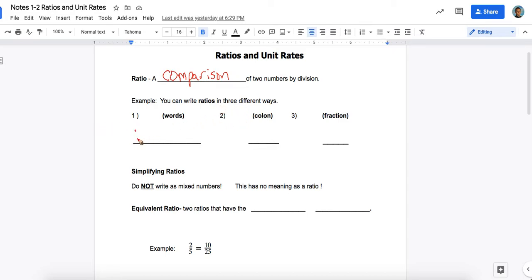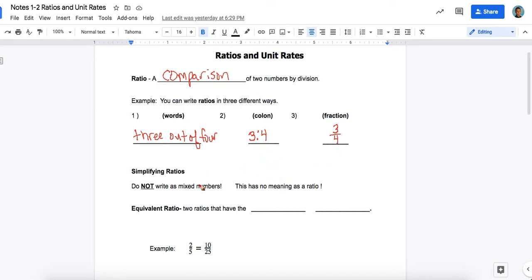We can write it as 3 out of 4, or 3 to 4, like if we were shooting free throws, we made 3 out of 4, or a 3 to 4 ratio. We could also use a colon, so 3 colon 4, or you could write it as a fraction, 3/4, or 3 over 4.